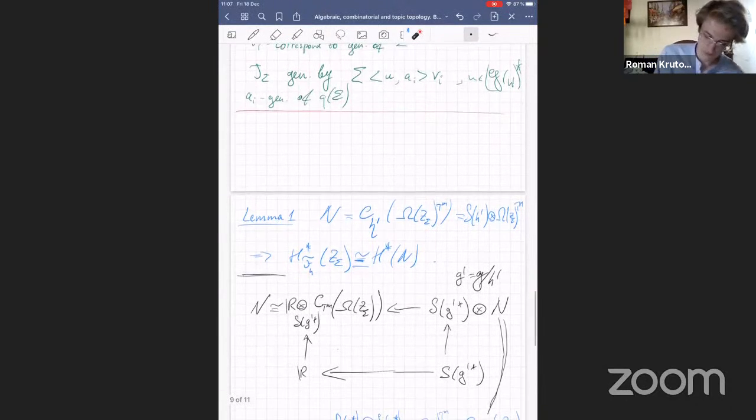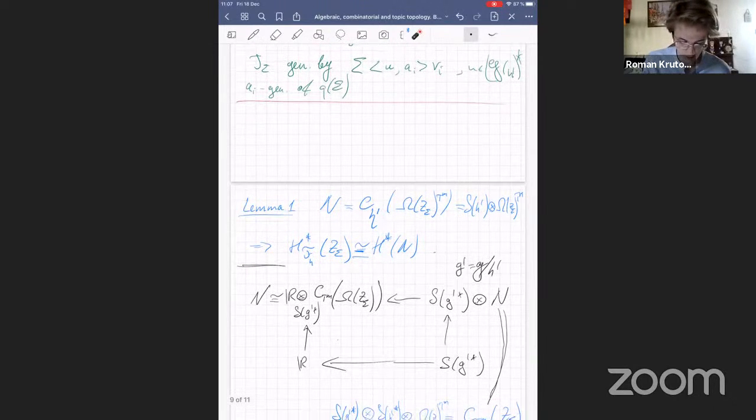Then, we can consider the following diagram. So what happens here? N is our algebra, and it is actually isomorphic to the tensor product of the Cartan model for TM action on the whole moment angle manifold with R over polynomials with values in G prime, where G prime is a quotient of G by our H prime.